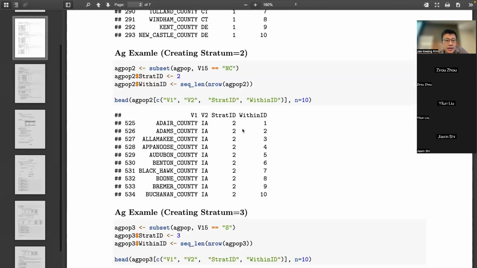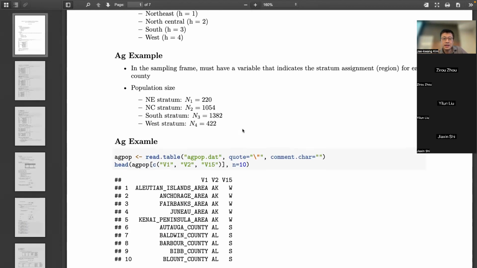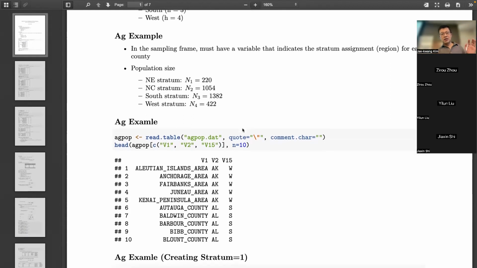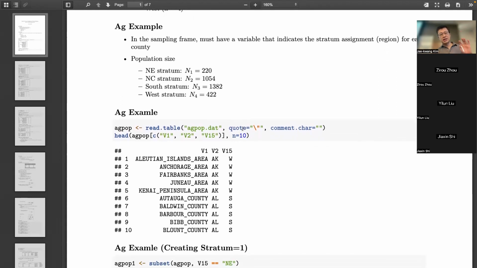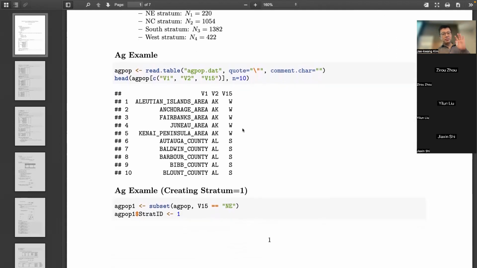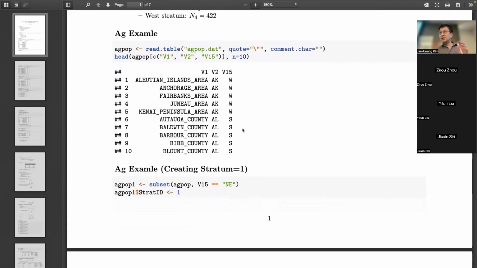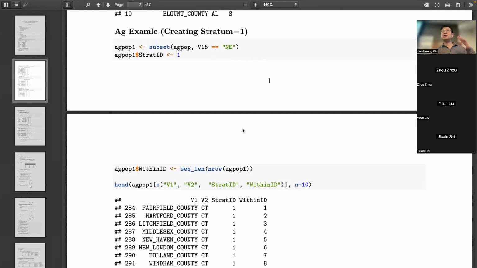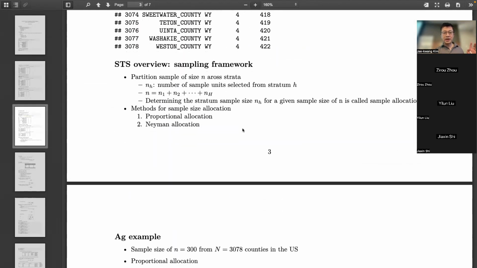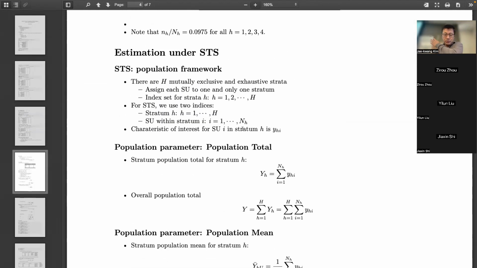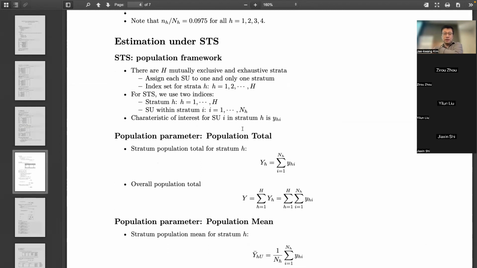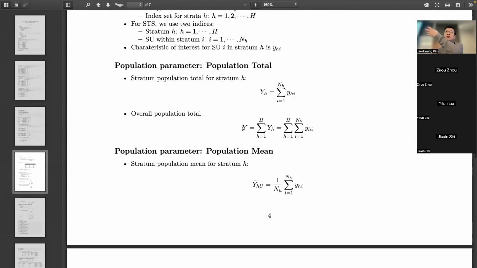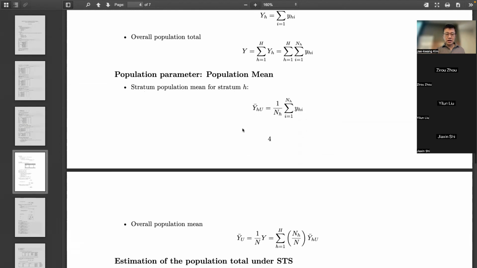I think the west stratum maybe has counties with a bigger size, and the variation of the crop acres could be more highly variable than the northeast. Northeast is more developed, so they have more counties, and so anyway.